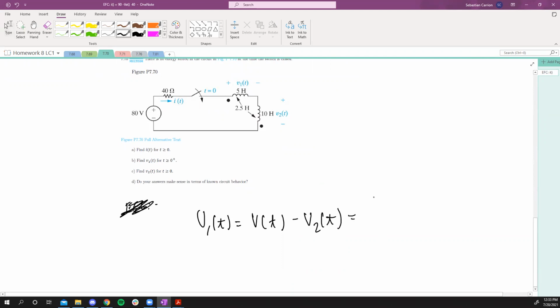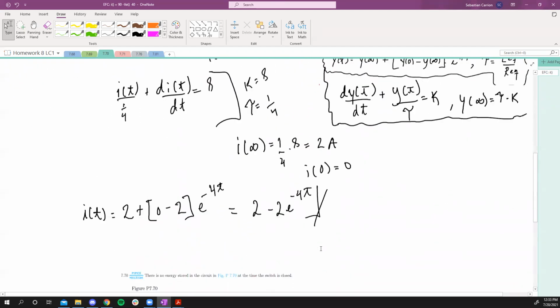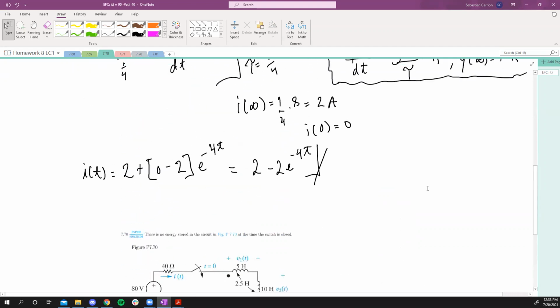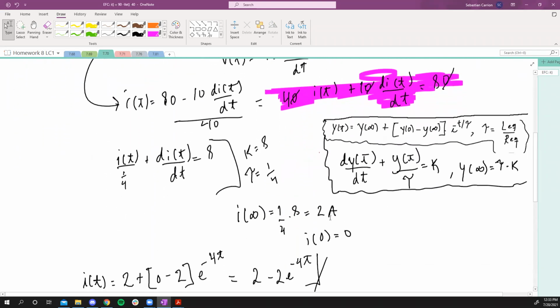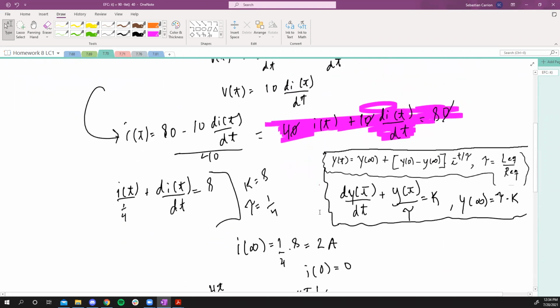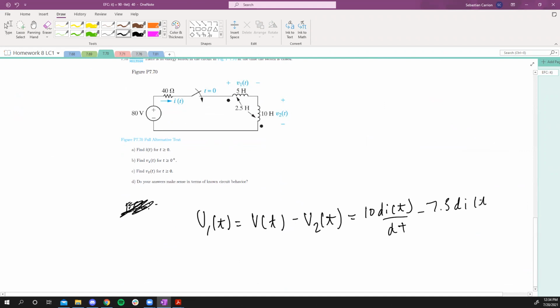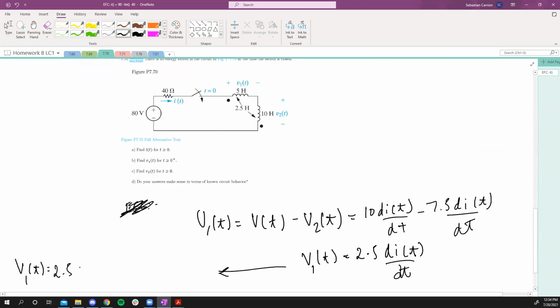So we know v(t) is equal to 10 di(t)/dt, minus v2(t), which is 7.5 di(t)/dt. So v1(t) is going to be equal to 2.5 di(t)/dt.